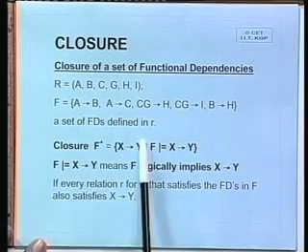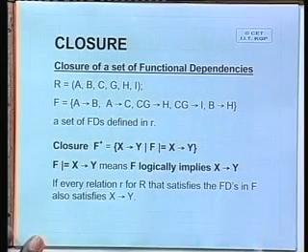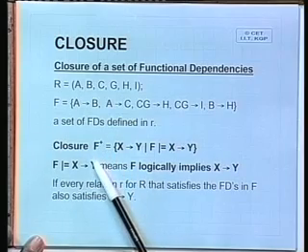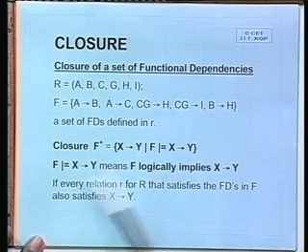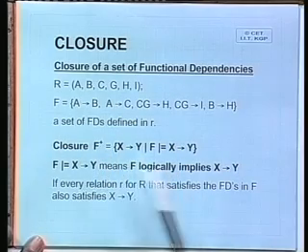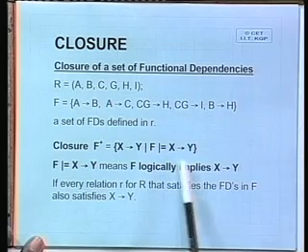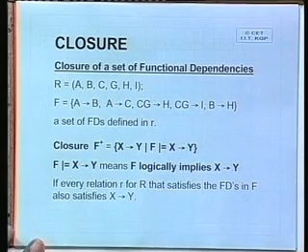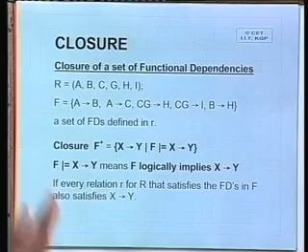These are a set of functional dependencies defined in R. Then the closure, or F plus, means, you see, F implies X determines Y. That means it includes all the functional dependencies which are logically implied by all these.